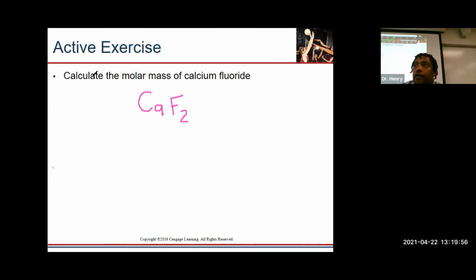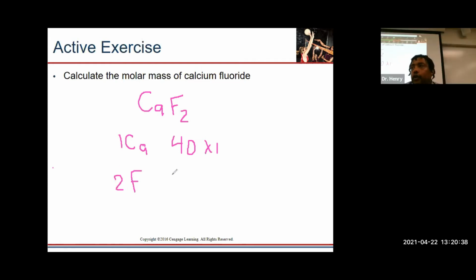Okay, so then we need to get the atomic mass of each one, right? How many calciums do I have? 1. What is the atomic mass for calcium? 40. Okay. And then how many fluorines do I have? 2.